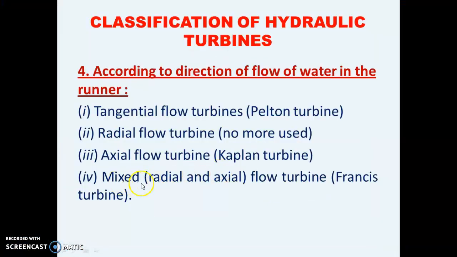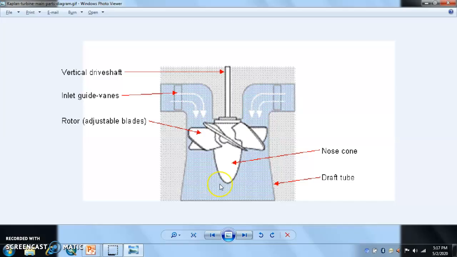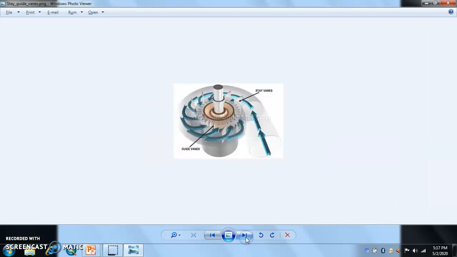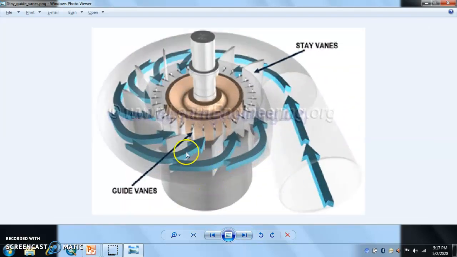Last is the mixed flow turbine. Francis turbine is a mixed flow turbine, that means it is the addition of radial flow and axial flow. Now this is an example of mixed flow turbine, that is radial plus axial.